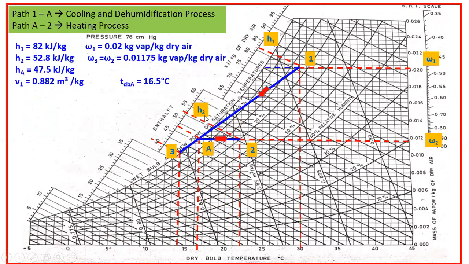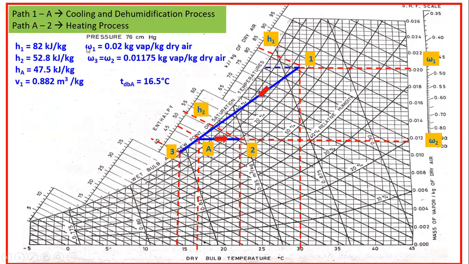So totally we have reached the point 2 from A by cooling and dehumidification from 1 to A, and A to 2 as heating. So once we write this down, note down the values of H and omega at each point. At point number 1, note down the H value and the omega value.